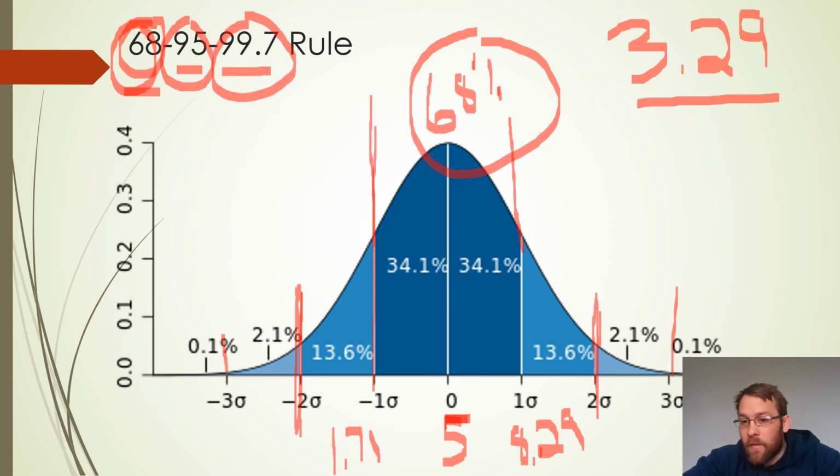That's the way a standard deviation works on a normal distribution bell curve. Within 1 standard deviation, I can predict with 68% accuracy. Within 2 standard deviations, I predict with 95% accuracy. Within 3 standard deviations, I predict with 99.7% accuracy.